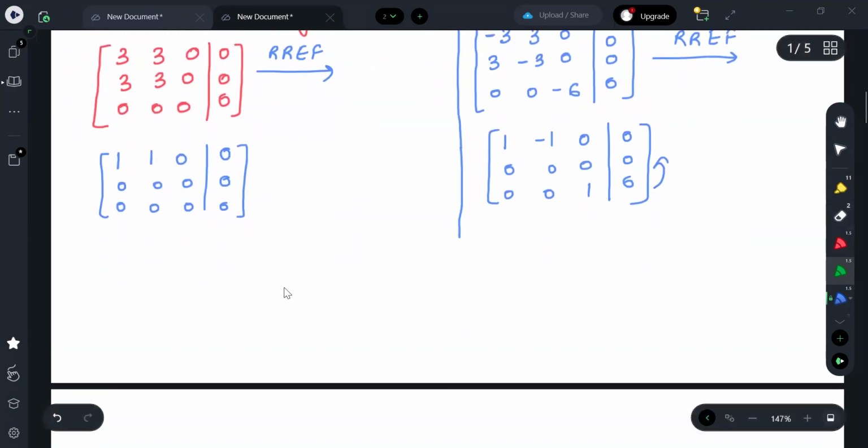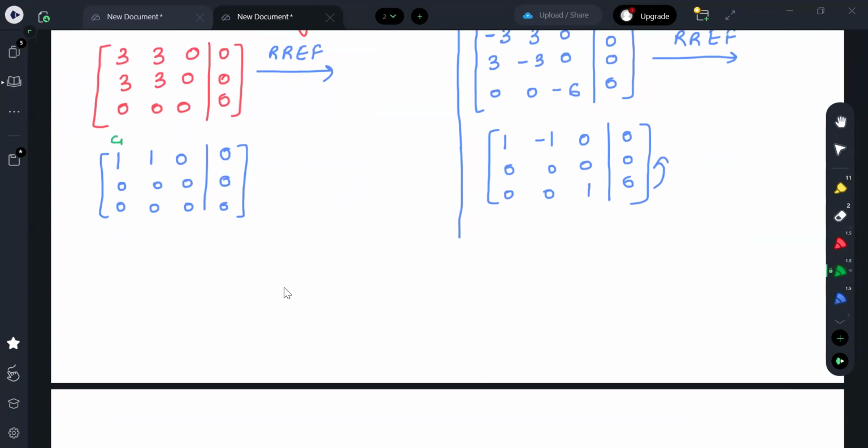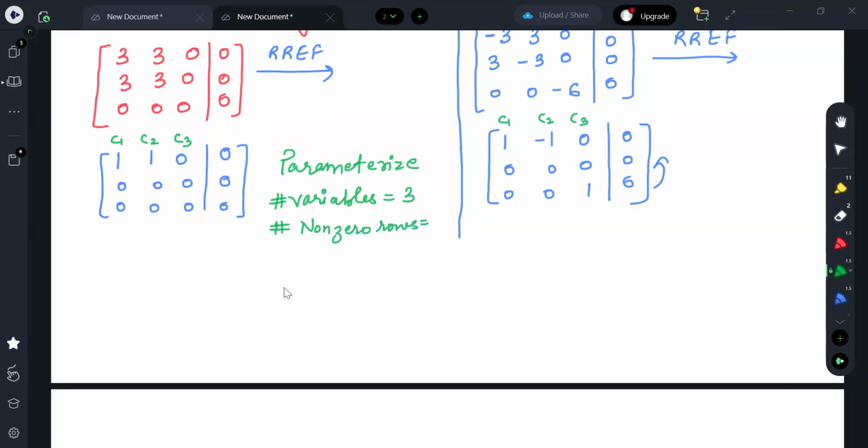Okay, so now that I have the row reduced form, I will try to rewrite and parameterize the solution set, C1, C2, C3. Parameterize. Number of variables is 3. Number of non-zero rows is 1.